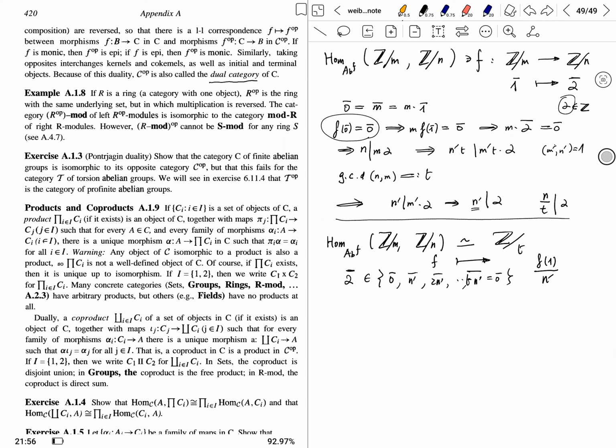If you divide it by n', it will be 1 bar, 2 bar, until t bar equals 0.